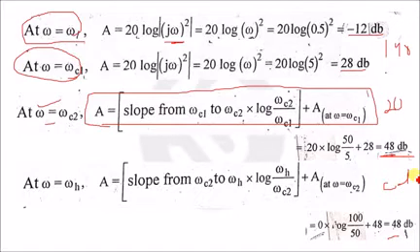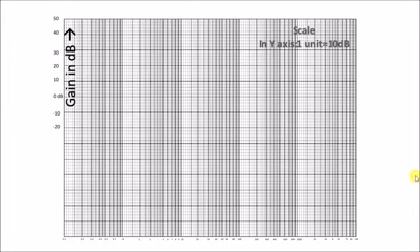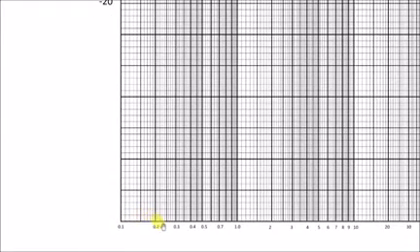So after finding all this gain, you need to plot the Bode magnitude plot. To plot a Bode magnitude plot, we first take the semi-log graph sheet, and in the semi-log graph sheet we have to choose the scale, you can see here. So I am taking 0.1, 0.2, 0.3, 0.4, 0.5, 0.6, 0.7, 0.8, 0.9, then the next decade, then the next decade.